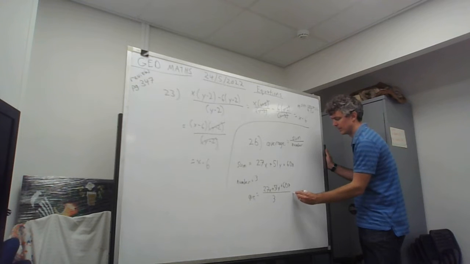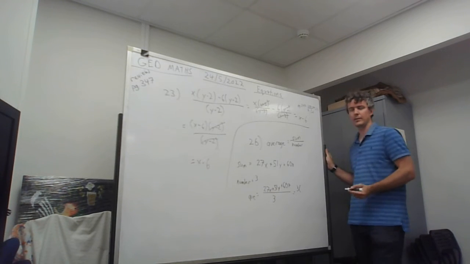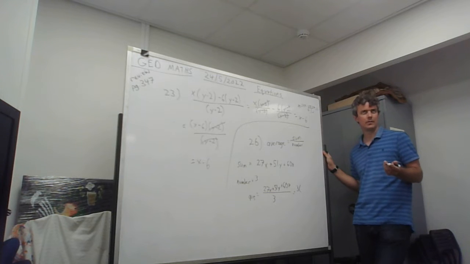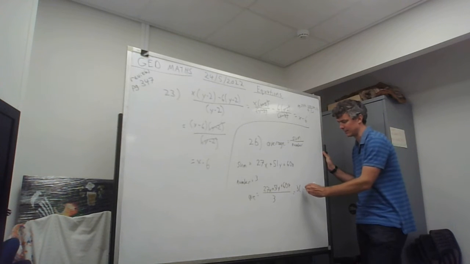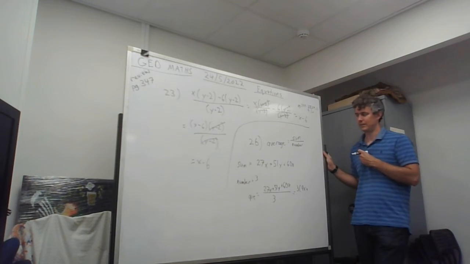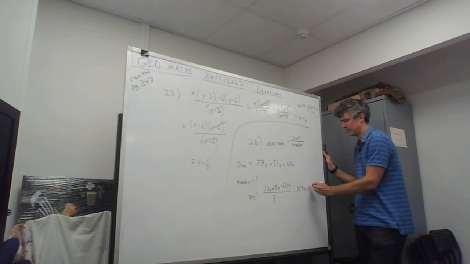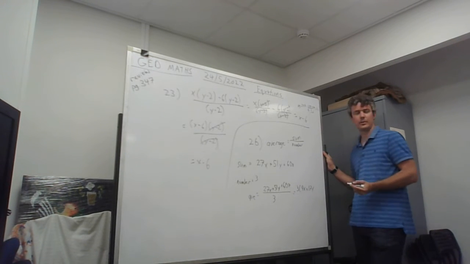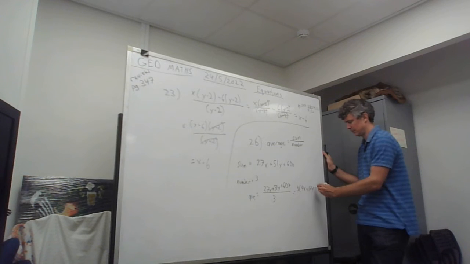So this equals 3 times, what times 3 equals 27? 9. That's right. So 9x plus, what times 3 equals 51? 17. 17y. All right. And what times 3 equals 60? 20.